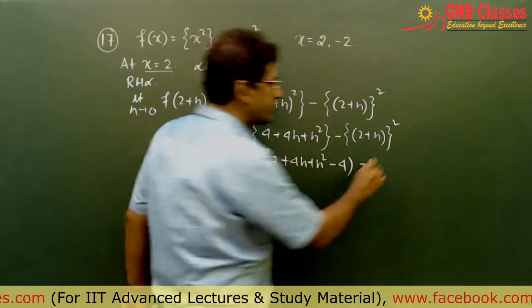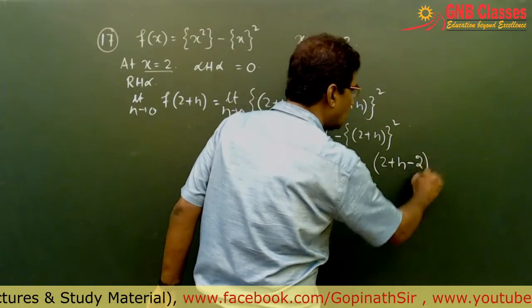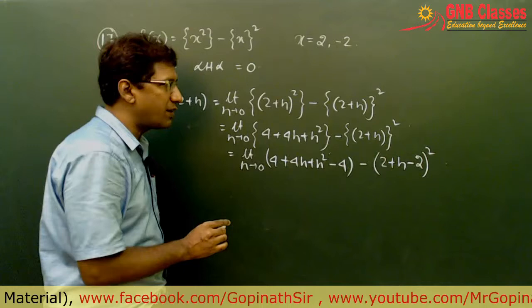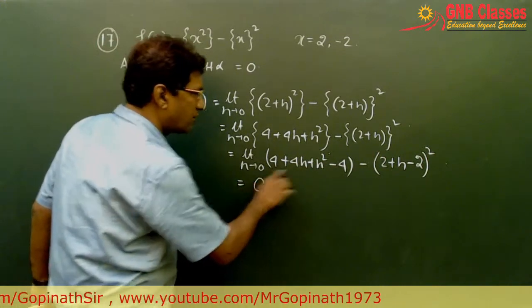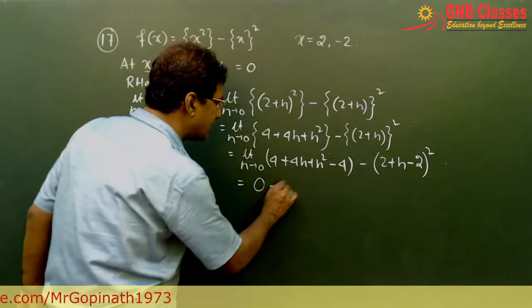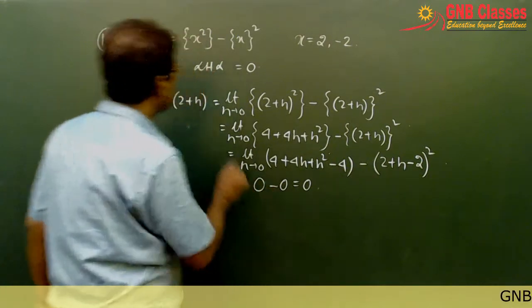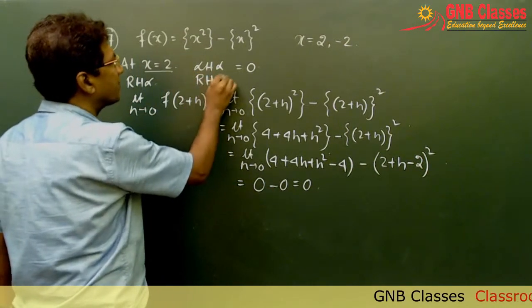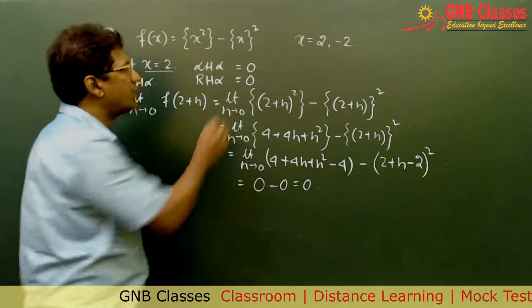To get the fractional part, it will be 2 plus h minus 2, and the whole square is there. So now from this part we are going to get 0, and from this part again we are going to get 0. So your answer is 0. Is it clear? Therefore, your right hand limit at the point x equals 2 is again 0.